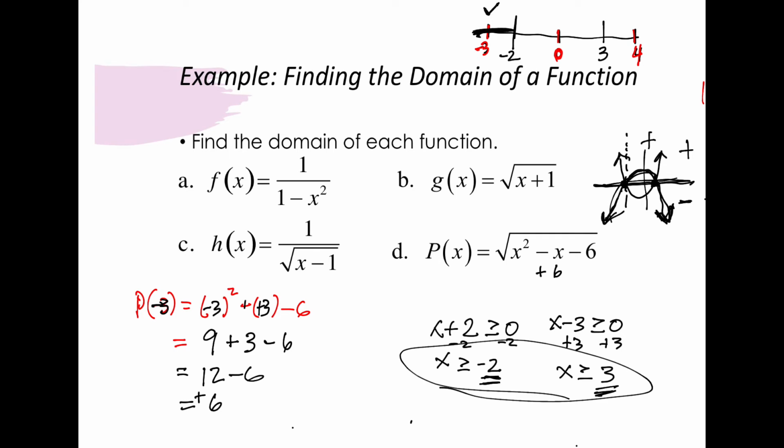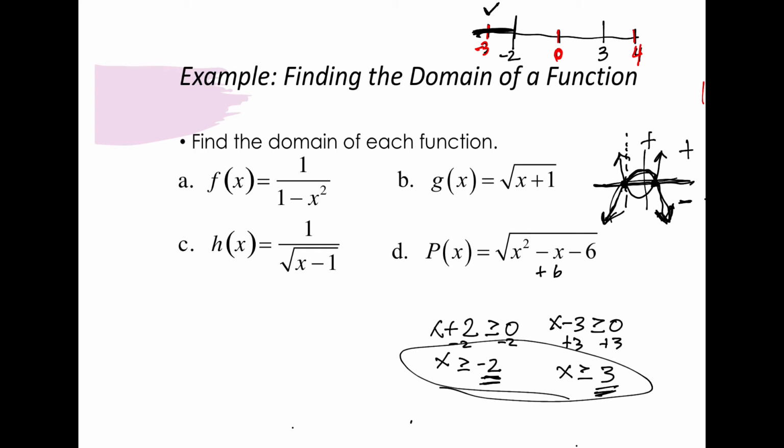Let's try 0 now. So I'm just going to change my inputs. Make this a little bit bigger so I can just erase the inputs. So P of this equals that squared minus x, going back to our other one, and then minus 6. Our input now is 0.